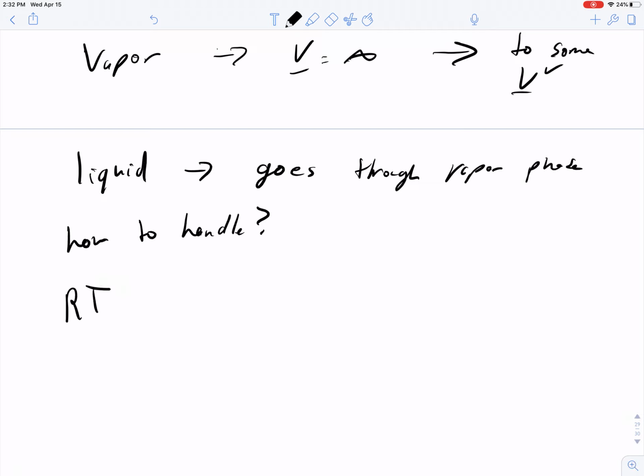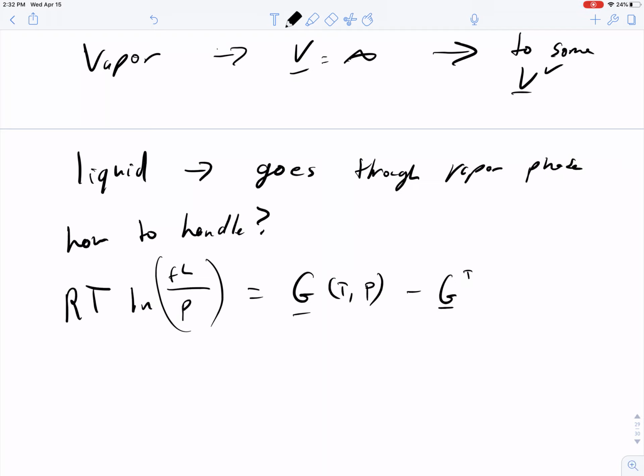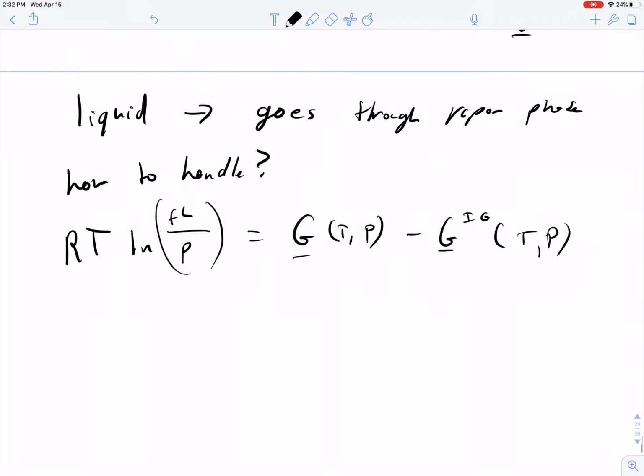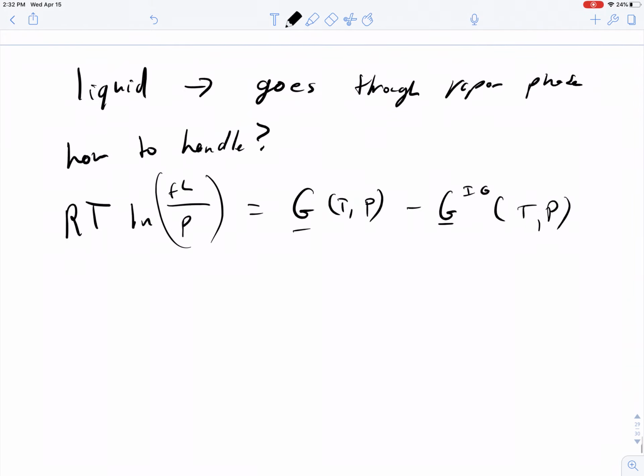So we have RT ln FL over P equals G at T, P minus G IG at temperature and pressure. This is just the definition of what the fugacity is. We can expand this out to account for this transition.